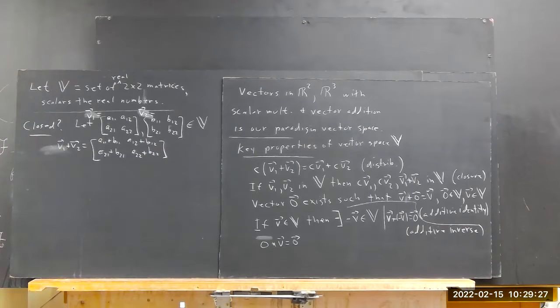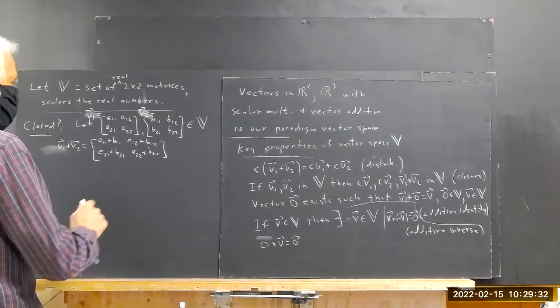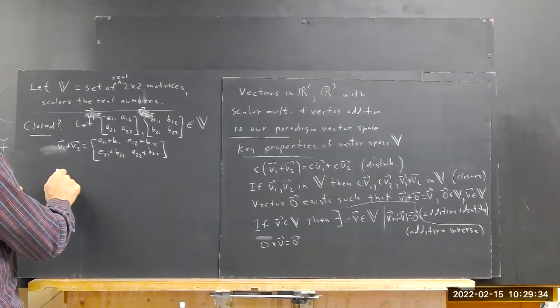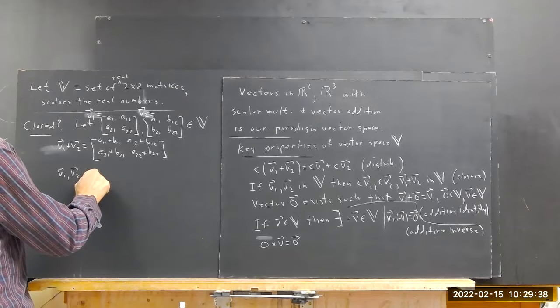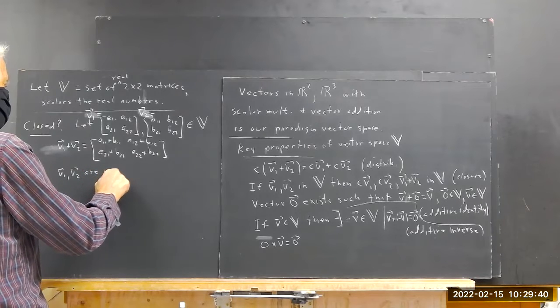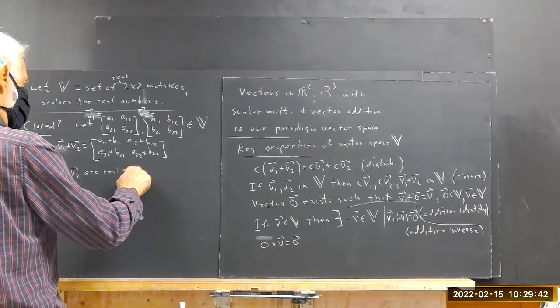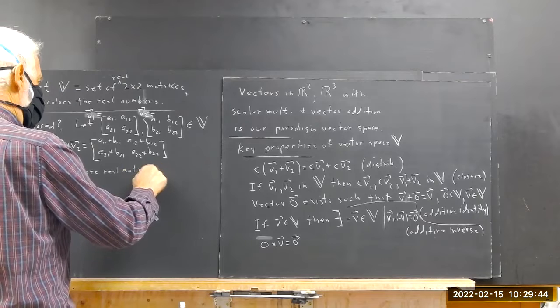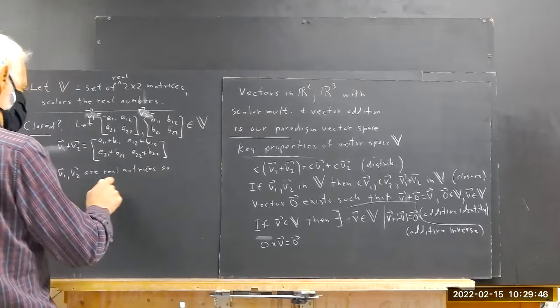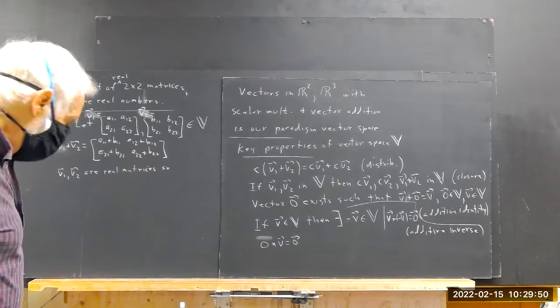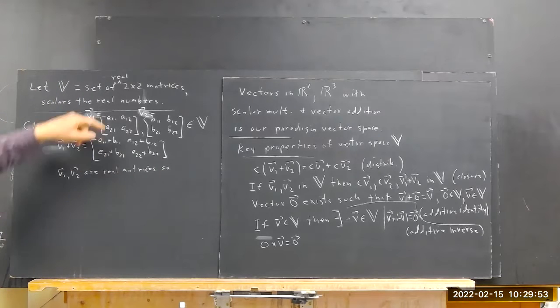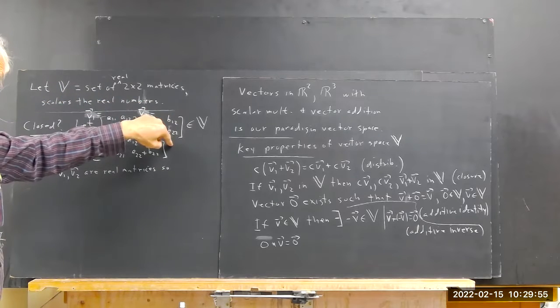V1, V2 are real matrices. Now, if you want to write this out in detail, you'd say these are real matrices, so these are all real numbers.